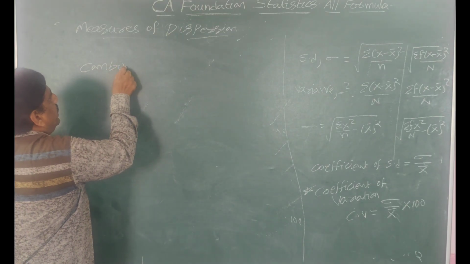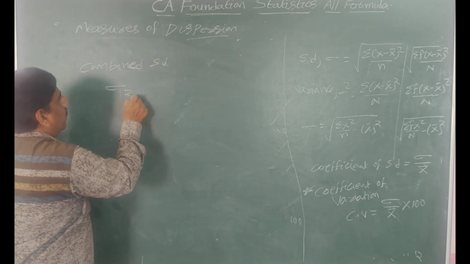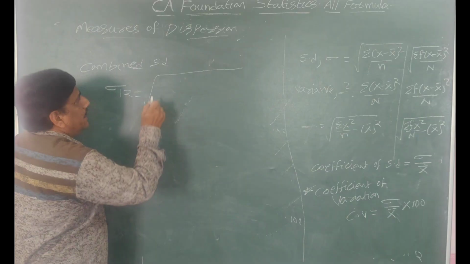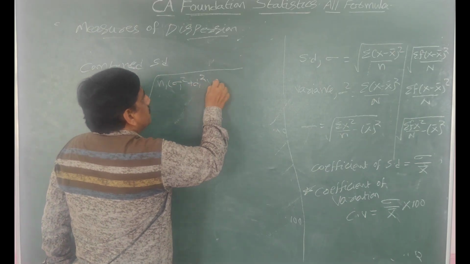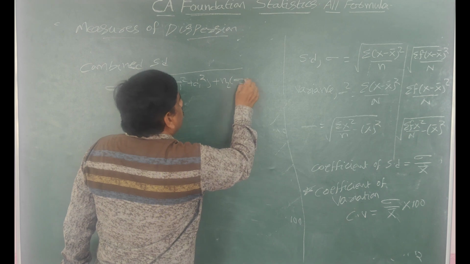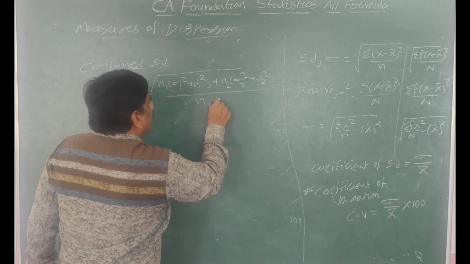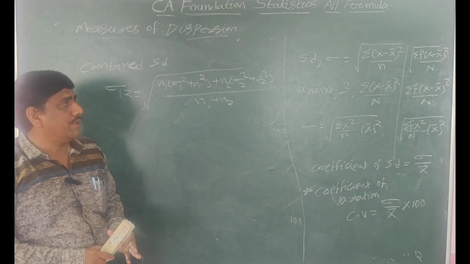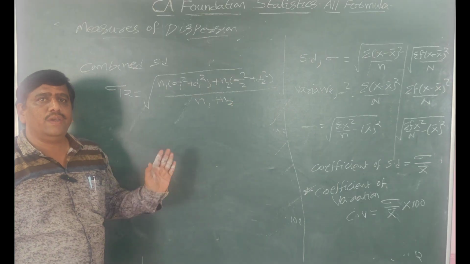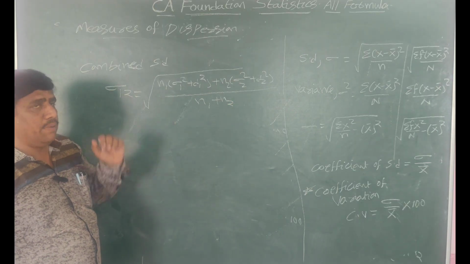The combined SD formula is sigma 1 2 equal to the square root of n1 into sigma 1 square plus d1 square plus n2 into sigma 2 square plus d2 square, divided by n1 plus n2. Here sigma 1 square and sigma 2 square are variances, and d1 square and d2 square are squared deviations of the means from the combined mean. You have to compute the combined mean first, after that the combined SD.